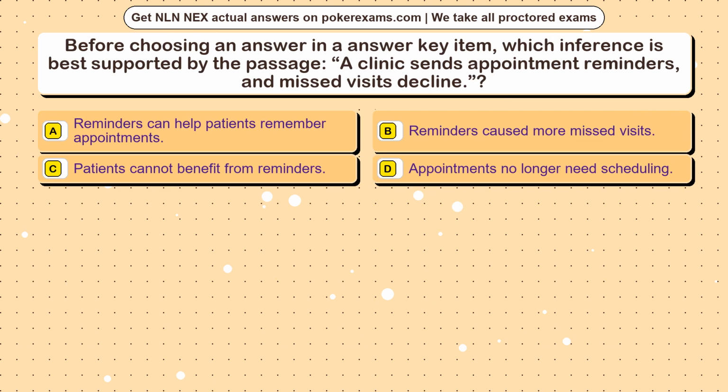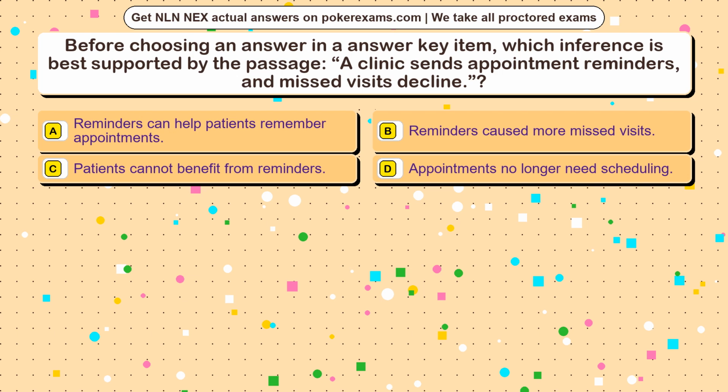Question 9. Before choosing an answer in an answer key item, which inference is best supported by the passage? A clinic sends appointment reminders, and missed visits decline. Option A, reminders can help patients remember appointments. Option B, reminders caused more missed visits. Option C, patients cannot benefit from reminders. Option D, appointments no longer need scheduling.